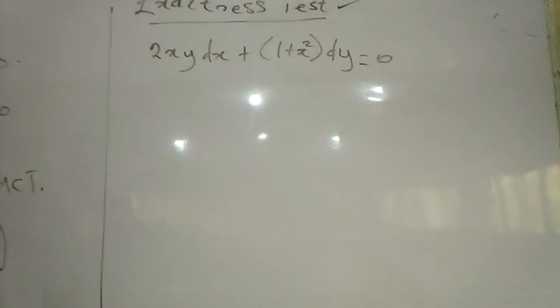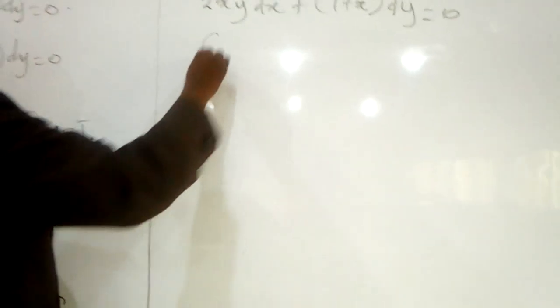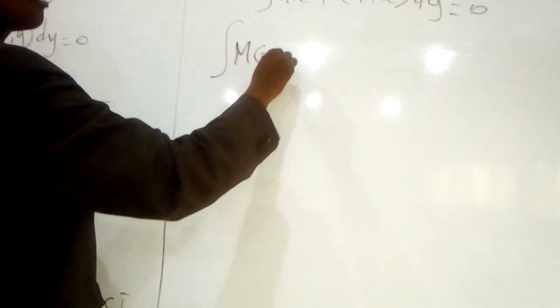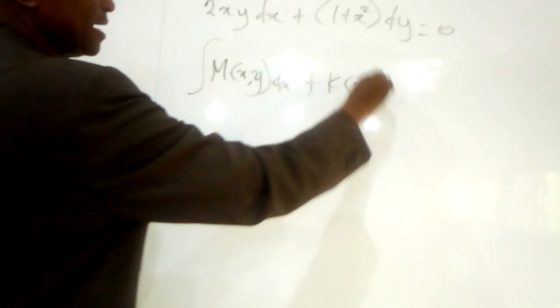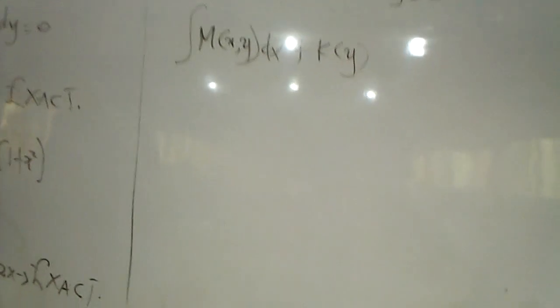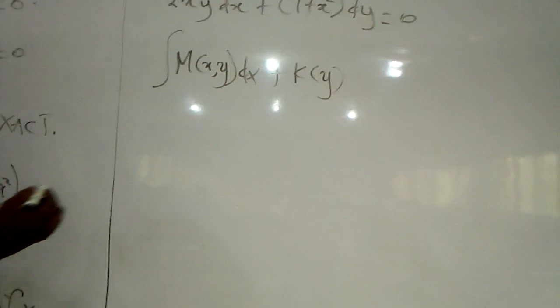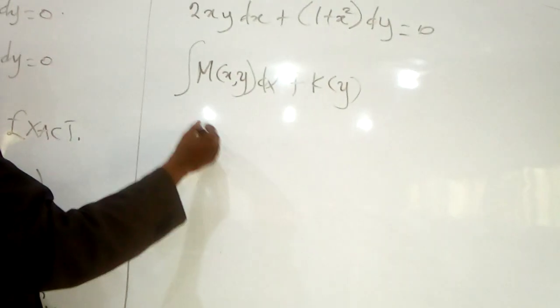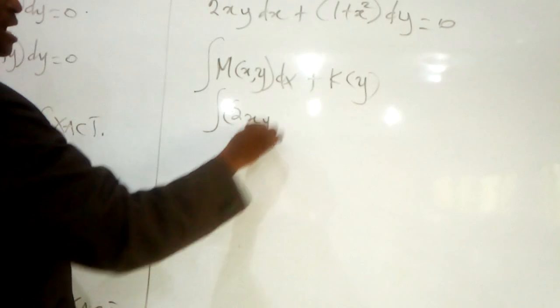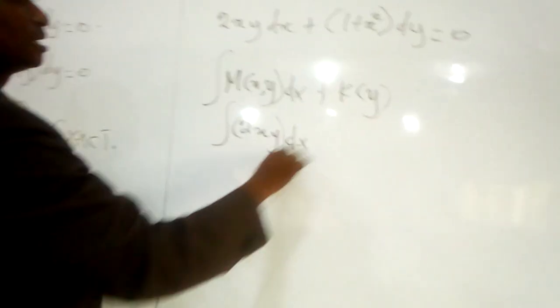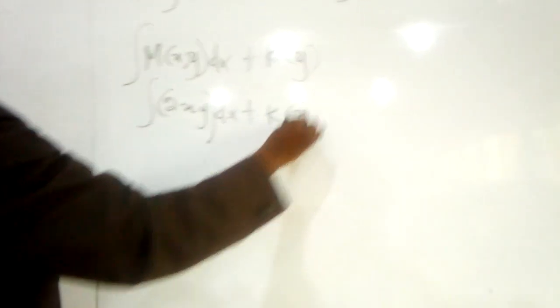What we do here is integrate M(x, y) dx plus k as a function of y. So the integral of 2xy dx, plus a constant with respect to y.